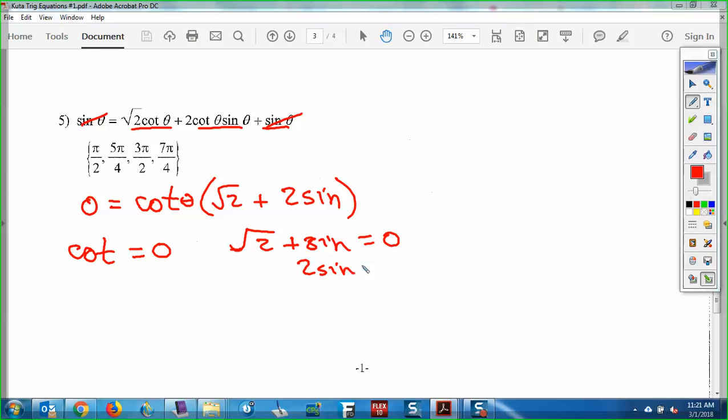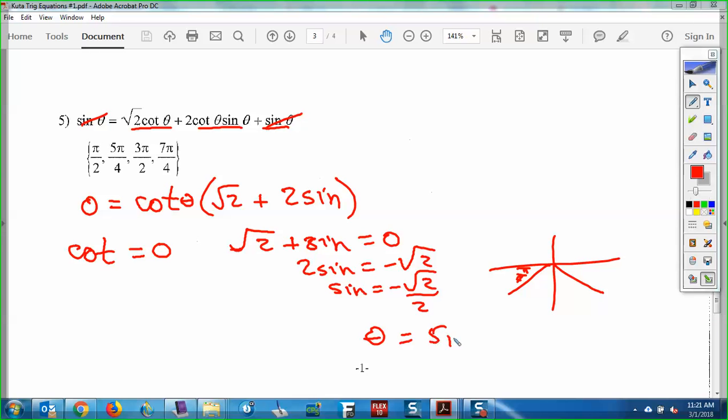So 2 sine equals negative root 2, sine equals negative root 2 over 2. So that's an easy one here. Let's do that one first. So sine's negative down here. That'd be what, a pi fourths? So what is that? 5 pi fourths and 7 pi fourths. So that would be those two.